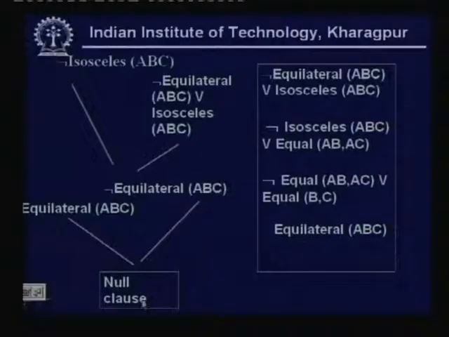And from there, by resolving, I have come to a situation where I have got a null clause, and the null clause essentially means that here is a contradiction. So, the premise with which I started is false. And what was my premise? My premise was the negation of the goal to be proved, and that is disproved. That means the goal is proved. This is the method of resolution.